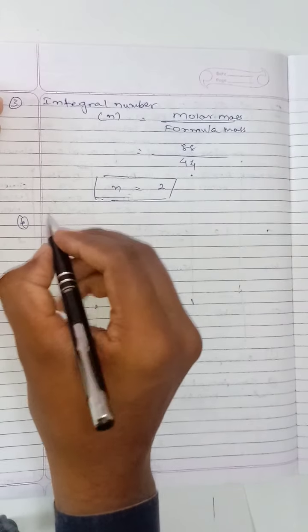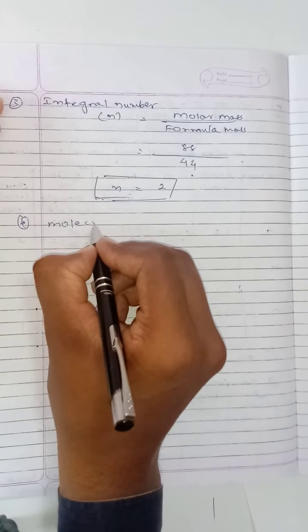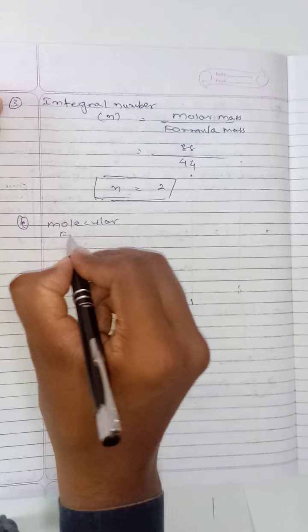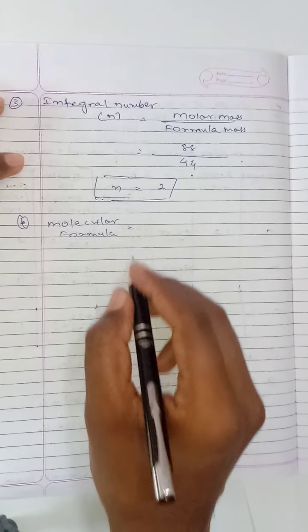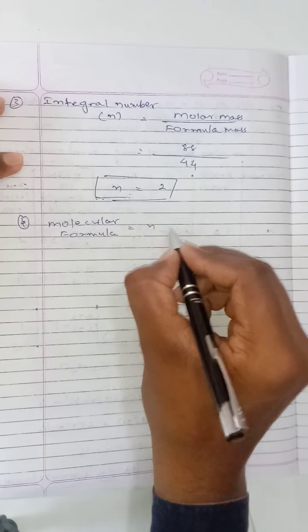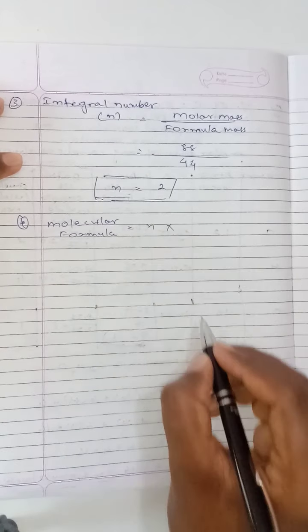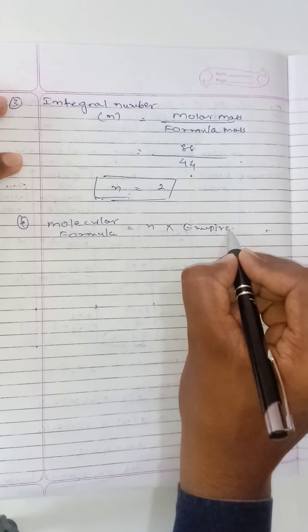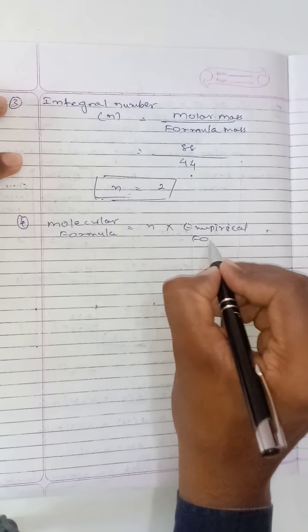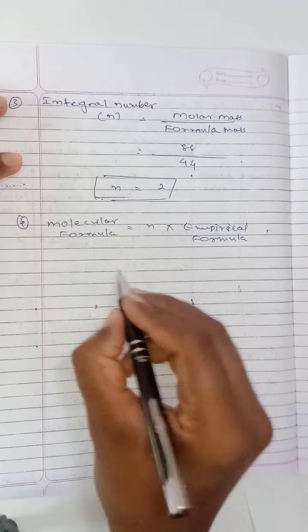Number 4 step, find molecular formula. Molecular formula equal to integral number into empirical formula.